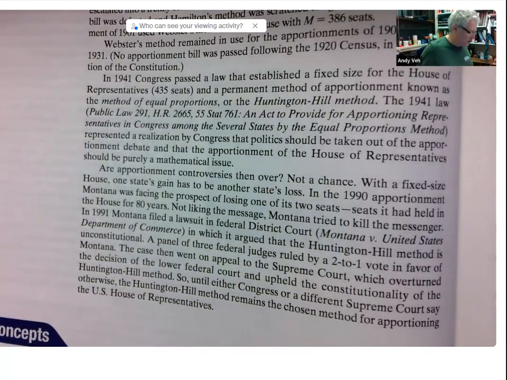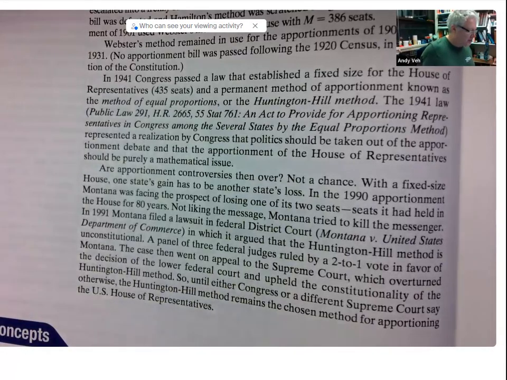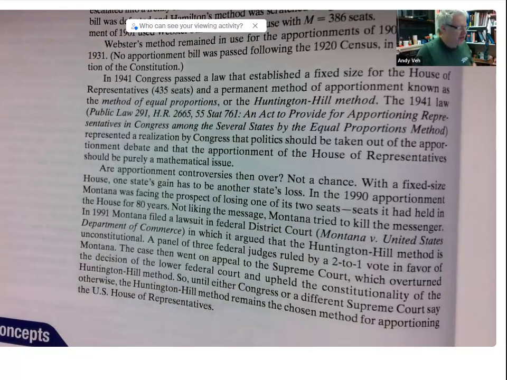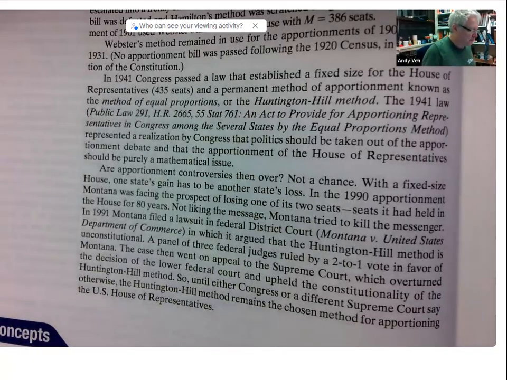So yeah, a lot of politics involved that I try to keep out of the purely mathematical issue of using the Huntington-Hill method for apportionment to the U.S. House of Representatives.